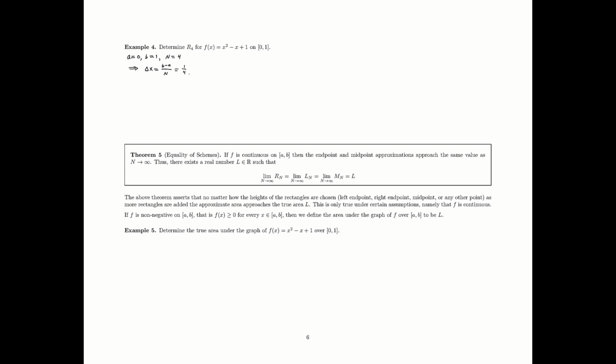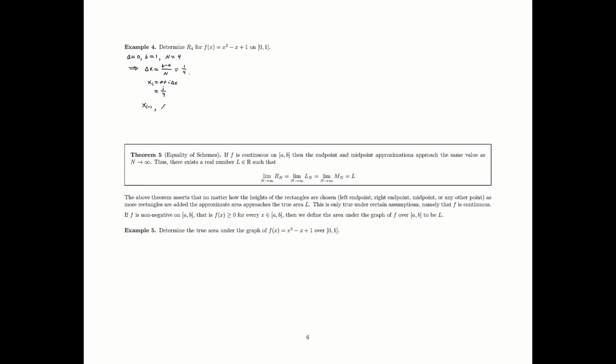After that, we can go ahead and say that we also know that x sub i is always a plus i delta x. So for us, this means we have 0 plus i over 4. Now for the left endpoint approximation, we'll be using x sub i minus 1.